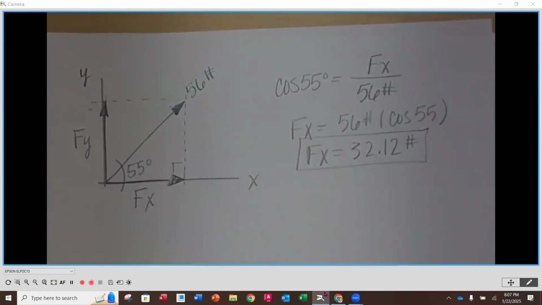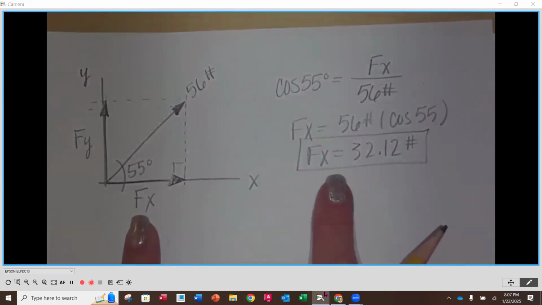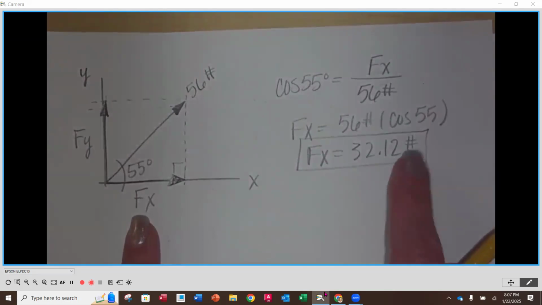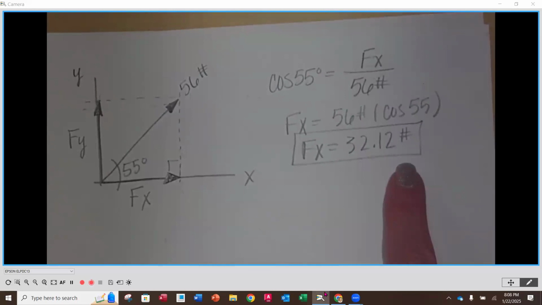Now, because our vector has units, pounds, make sure that when you identify this Fx, you say Fx is equal to, so you're telling me what this value is, so it corresponds to one of your unknowns, equal to your magnitude, and you have to have the appropriate units, and it's pounds. If the overall force is in pounds, whatever those units are, is what your components are going to be in as well. Okay, so make sure that you have its quantity and its units.